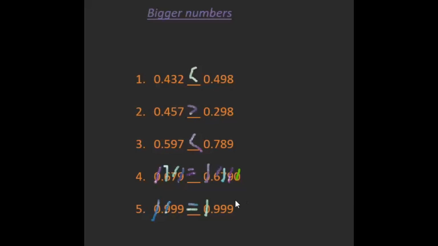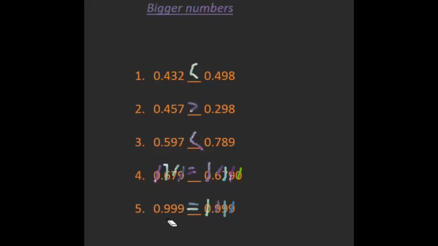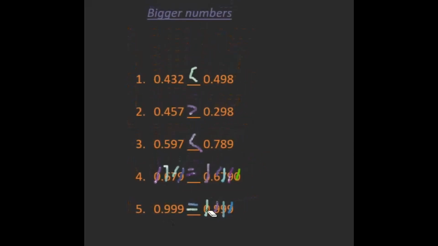The tenths are equal on both sides because they both are 9. Hundredths are both equal because they both are 9. And thousandths are both equal because they both are 9. So we know that 0 and 999 thousandths is equal to 0 and 999 thousandths, which should not be a surprise.